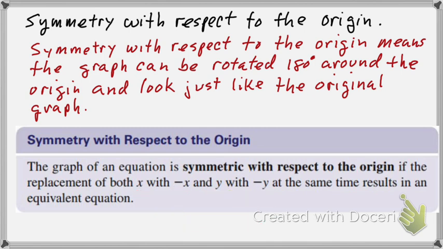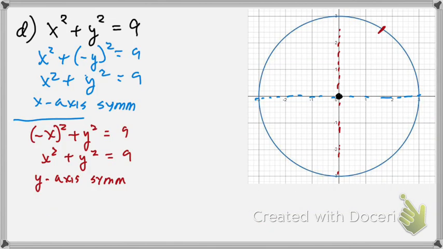Did we have that back here? Yeah, let me do this. That circle has x-axis symmetry, it has y-axis symmetry, therefore it has symmetry about the origin.